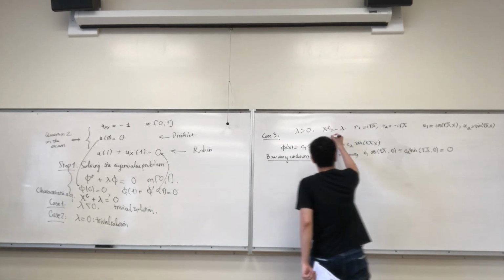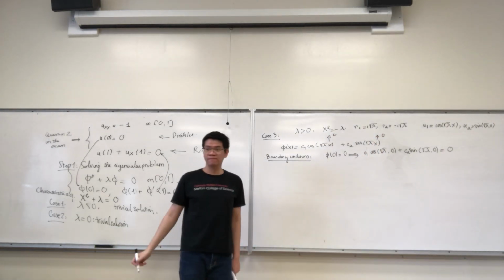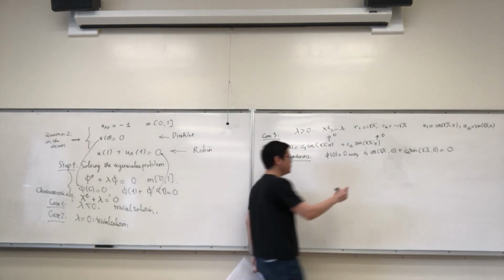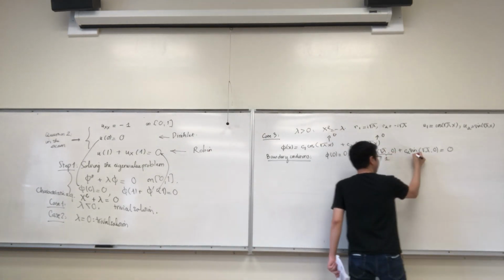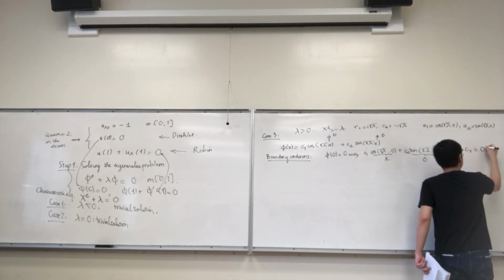So I'm going to replace this by 0 and this by 0. All right? It's clear? So this is 1 and this is 0, which means that c1 is 0.